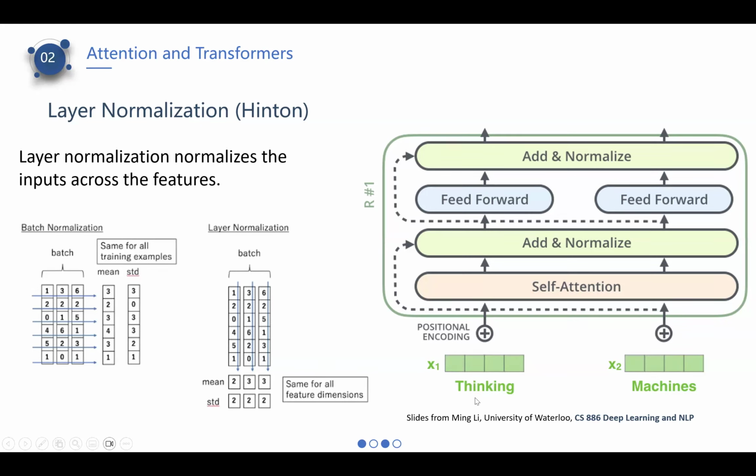So we have talked about the thinking machine. We embedded X. We do the position coding, self-attention, add and normalize, and then the feed forward is the next thing, and then add and normalize, once here and once there.